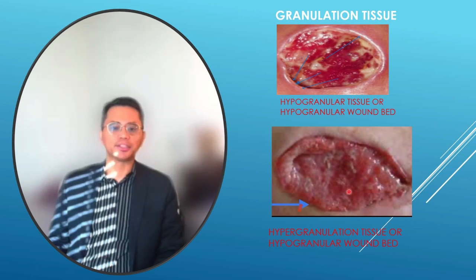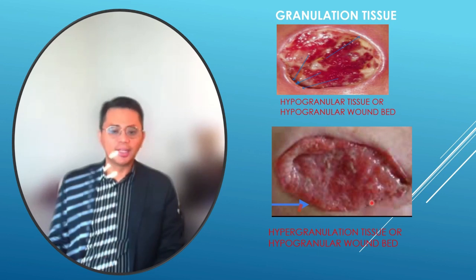If it's hypogranular, you have to find all means to manage what is causing the sluggish growth of the granulation tissue. Now, if there's a hypergranulation tissue, you need to manage this granulation tissue also. There are a lot of ways to do that.